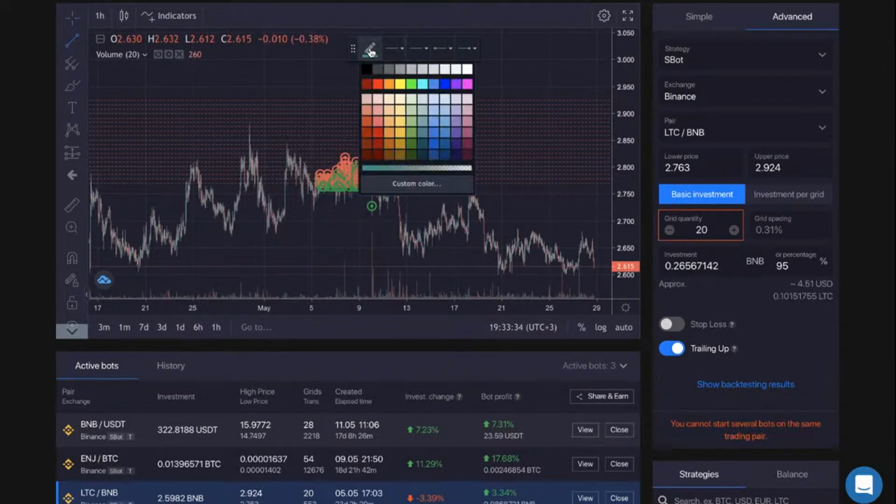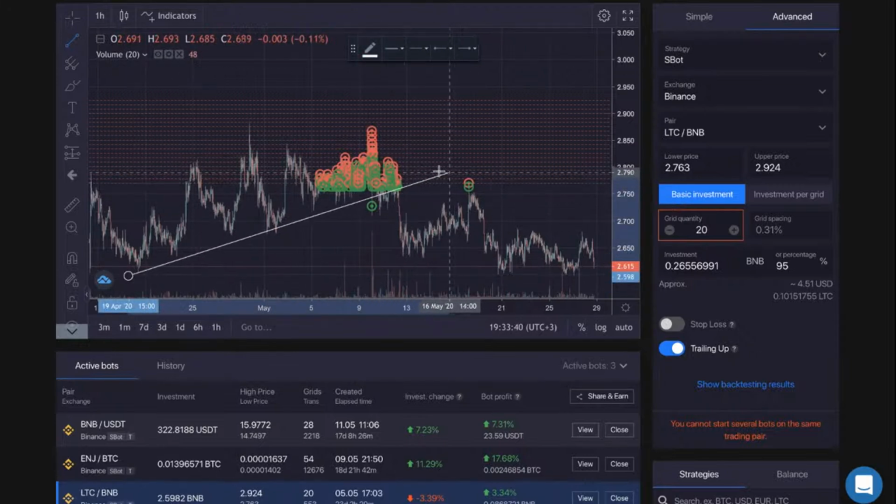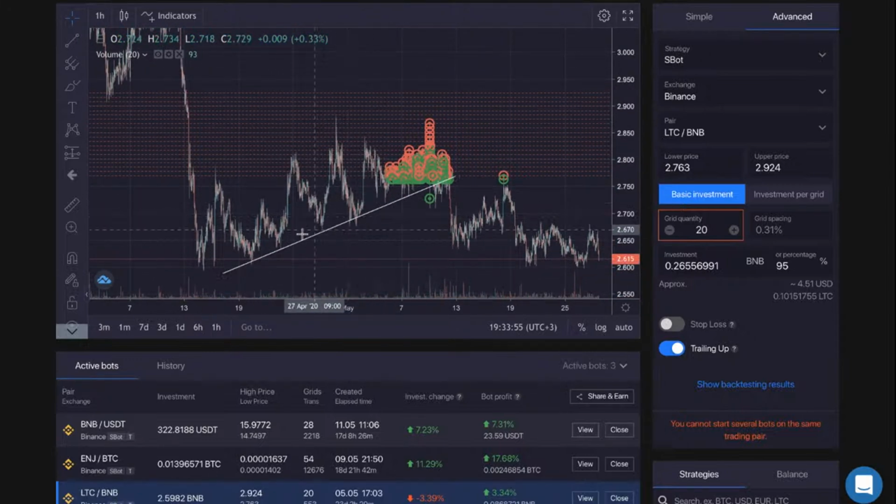Let's use the white one. So you see, I've noticed that the LTC trading to BNB cryptocurrency pair was respecting the support level, and it was bouncing off it almost each time. As you can see, it moved towards the support level and then bounced off again. So that's why I entered the trade here.